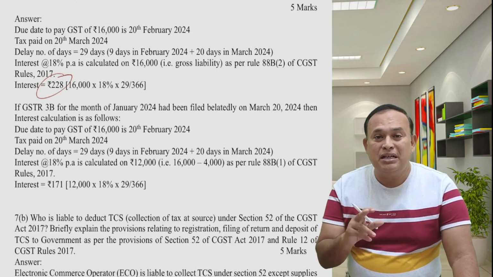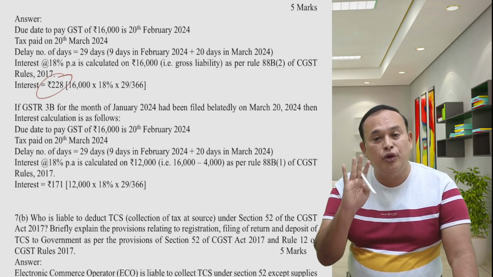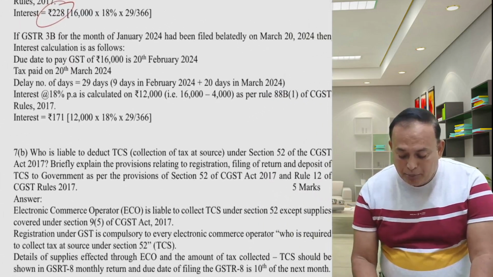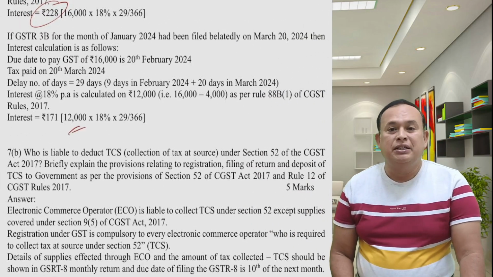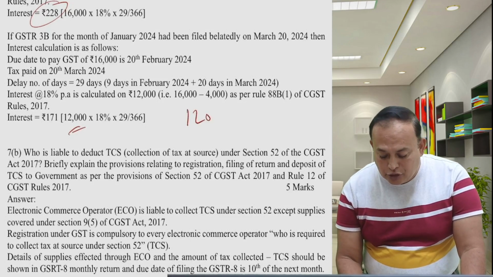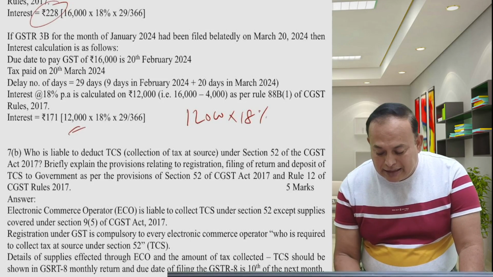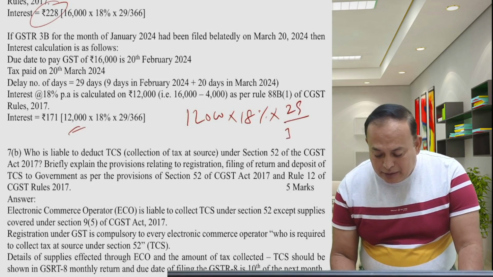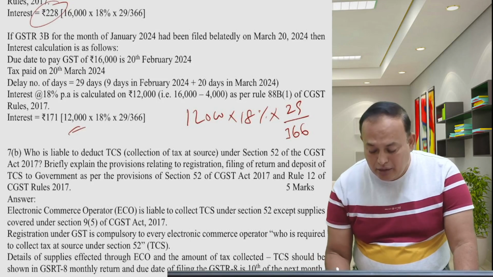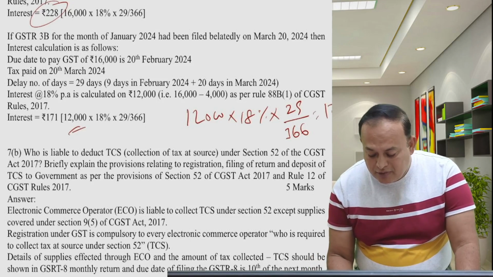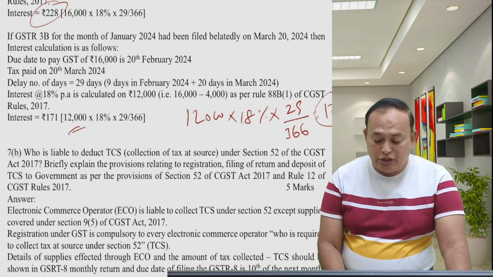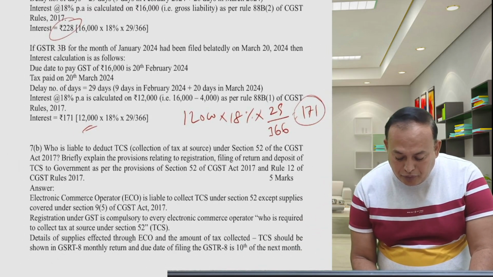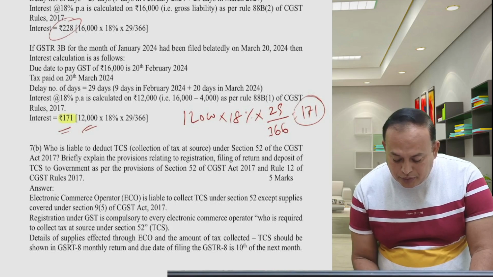From that, deduct input tax credit of rupees 4,000. Balance 12,000. That 12,000 rupees will attract interest at the rate of 18% per annum, for 29 days divided by 366 because of the leap year, which comes out to 171 rupees. That is the interest to be paid in the given case, which I computed here for your kind consideration, as follows.